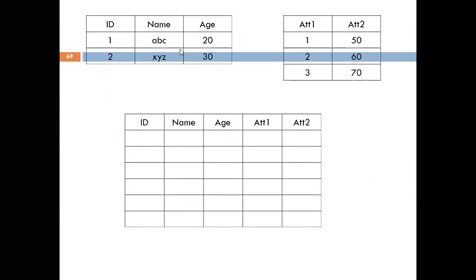Consider again the same example. Previously, we were joining based on ID, but in the table R, the attribute name is ID, whereas in the second table, the attribute name is ATTR1. So in order to perform the natural join, instead of having ATTR1, here also we should have the attribute name as ID.